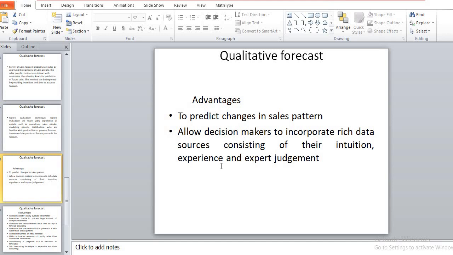So the forecasting of that particular product depends on the expert opinion related to the production lines or seniors. Their experience and judgments are introduced in the decision making of the forecasting. So these are the advantages.